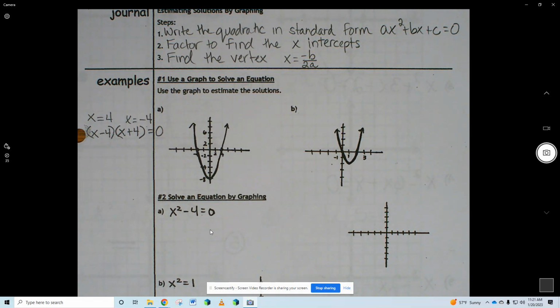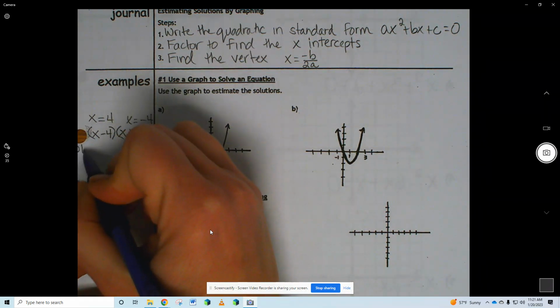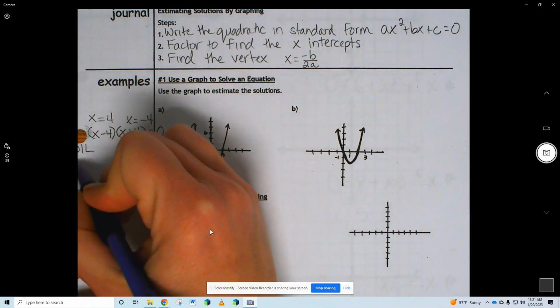I want to write the equation from these two parentheses. How would I get the x squared if I had these two parentheses? What would I do to get x squared? FOIL and distribute. So I'm going to FOIL or distribute.